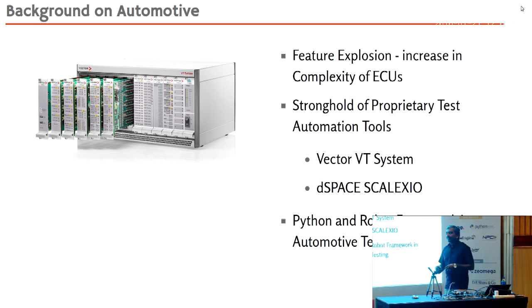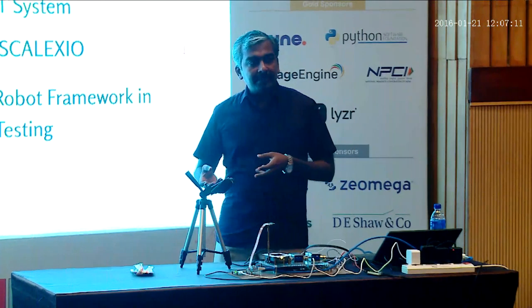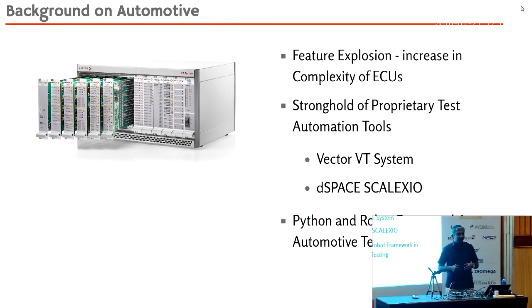And in recent times, there's been a feature explosion in vehicles. Basically, your vehicles today can do a lot of things because of advancement in technology and also increased feature demands from customers. Traditionally, the testing and automation of testing for ECUs has been done through proprietary tools like Vector VT System, dSPACE, and so on.